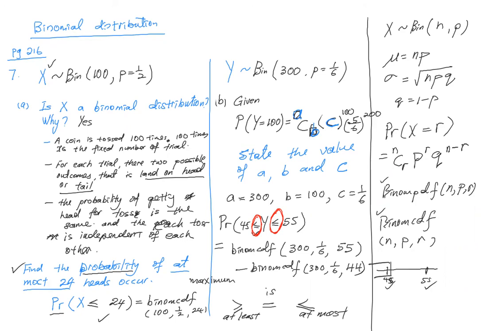Okay, one more thing about binomial distribution that I would like to let you know. I won't give you a situation. I will just say X is a binomial distribution. The number of trials, I don't know. The probability of success is 2/3.